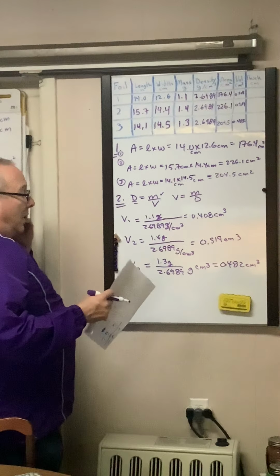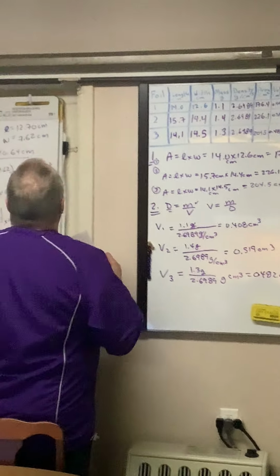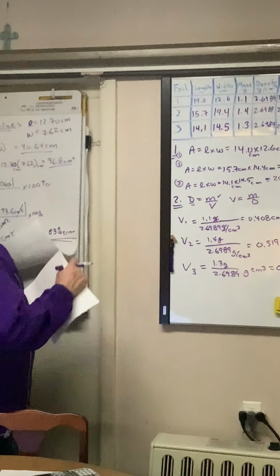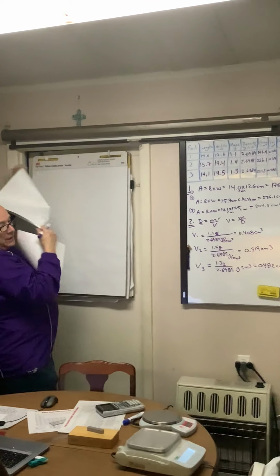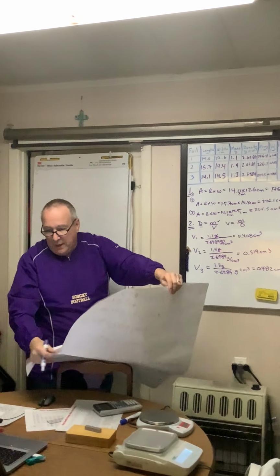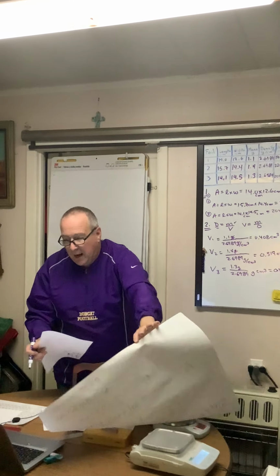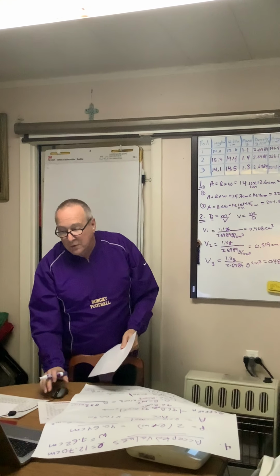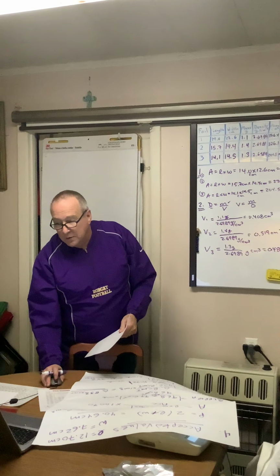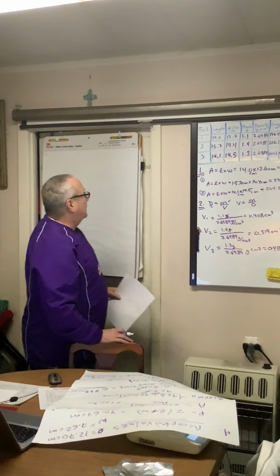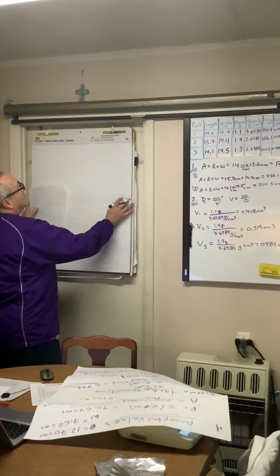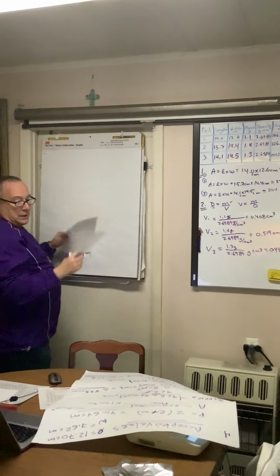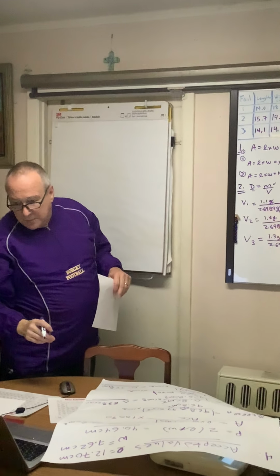Now, let me show you how to calculate part 3. If you go down, the next question says, calculate the thickness of each piece, show all calculations, and it says thickness is equal to volume divided by the area.